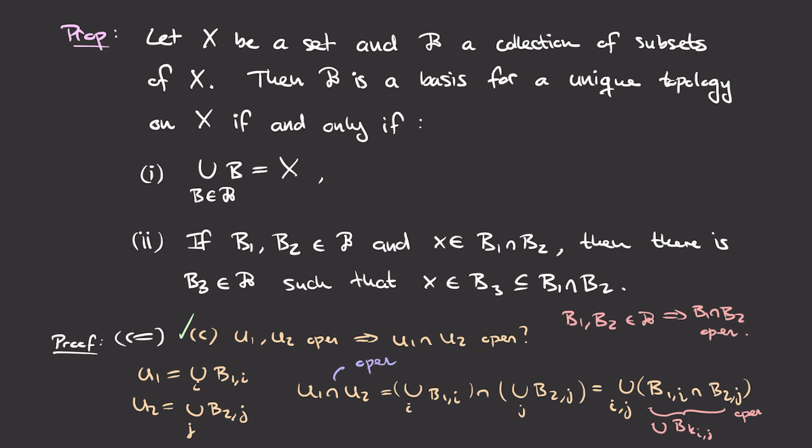But really these two properties, the first one is just saying that we can cover the entire space with these basis elements, and the second one is a sufficient criterion in order for the intersection of two open sets defined in the way we did to again be open.